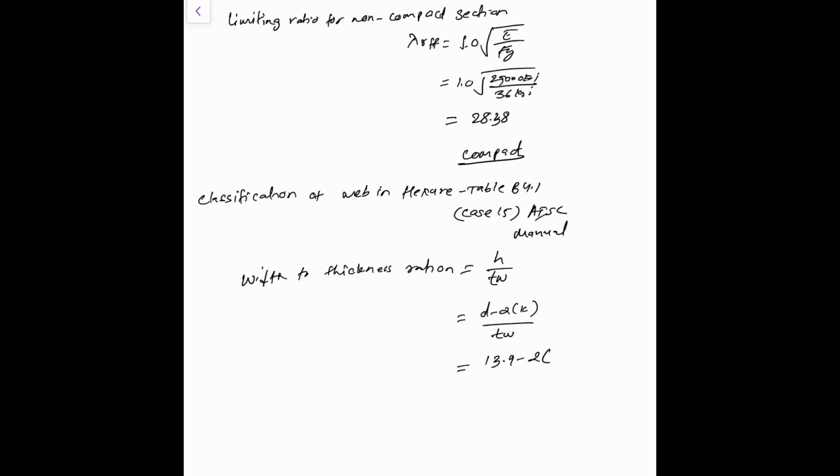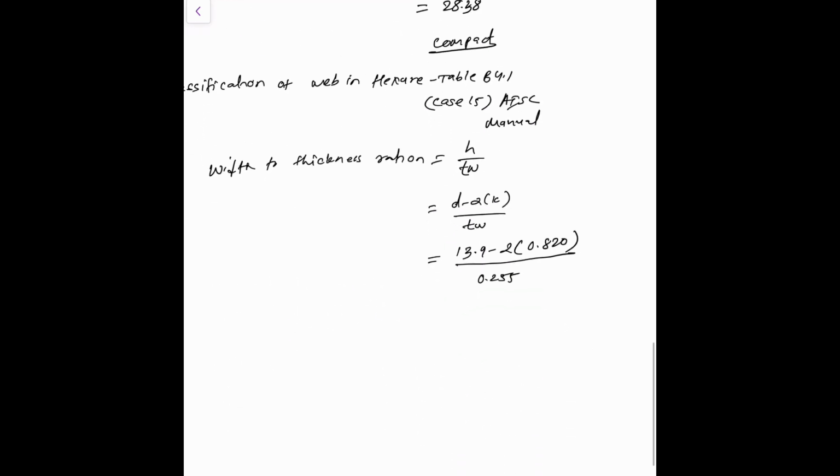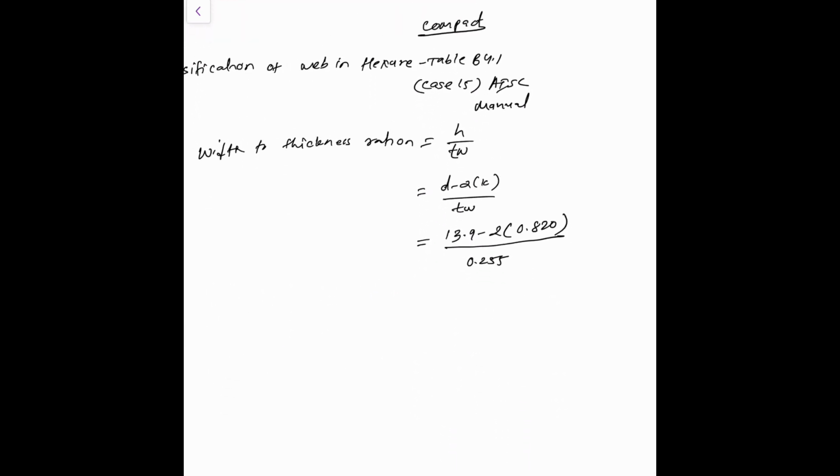Depth is 13.9 minus 2 times the value of k, which is 0.820, and the thickness of web is 0.255. Let me verify it one more time.